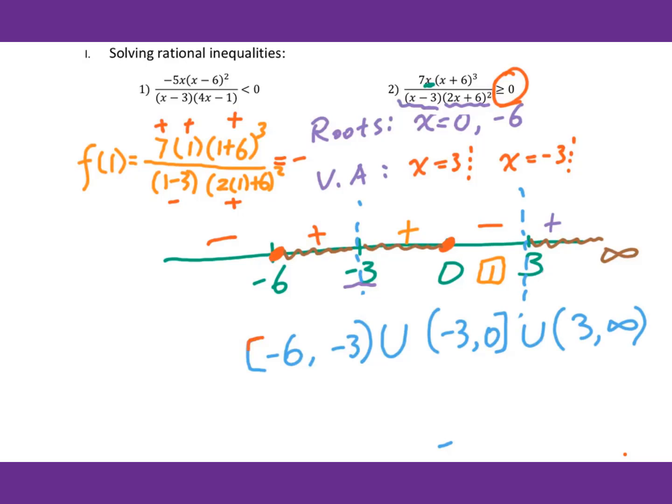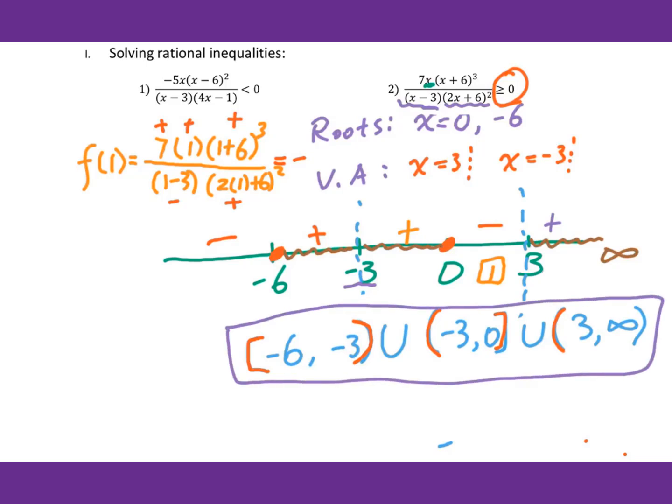For this 0, it has to be a bracket. For the vertical asymptote lines, it has to be an open parenthesis. This will be the solution to these inequalities.